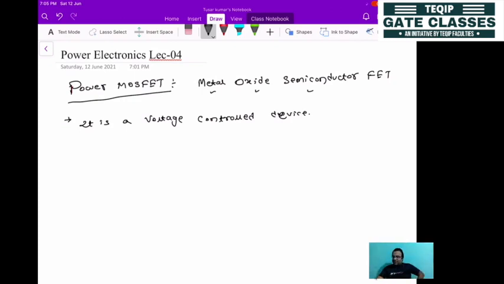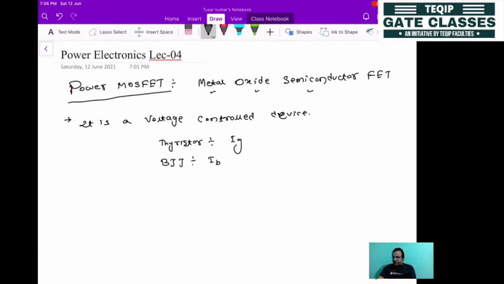If you compare with the BJT or the thyristor: in the thyristor, you are controlling the gate current in order to control the switching on of the thyristor. In the BJT, we are controlling the base current. If you control the base current, then the BJT can be controlled, and if you remove the base current, then it will be off.